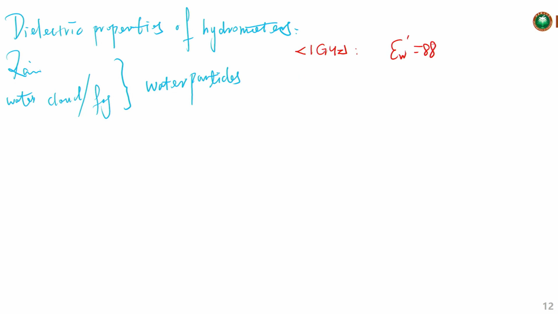If it is larger than 1 gigahertz, empirically, it can be expressed as around 4. So this is for the water. And actually, we usually want to get the exact values.